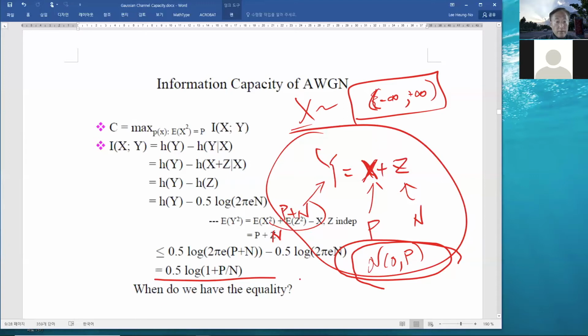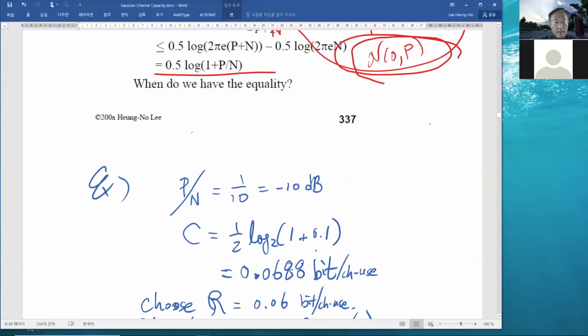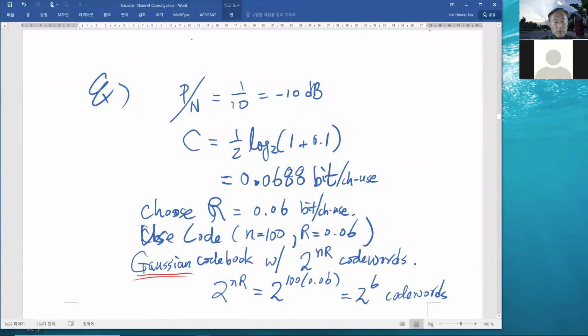So that's the capacity of the AWGN channel, and we can do certain easy exercises. Let's say P over N is 1 over 10, minus 10 dB. Then what is the capacity? If you use the calculator, C comes out to be 0.0688 bit per channel use.